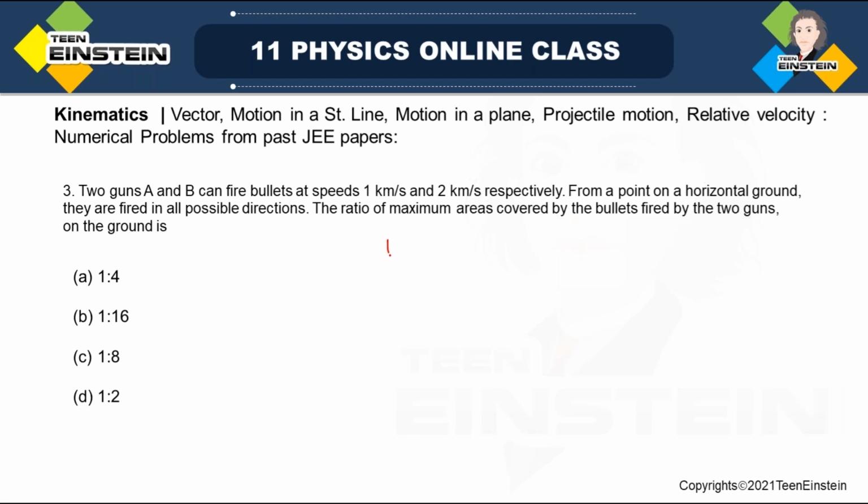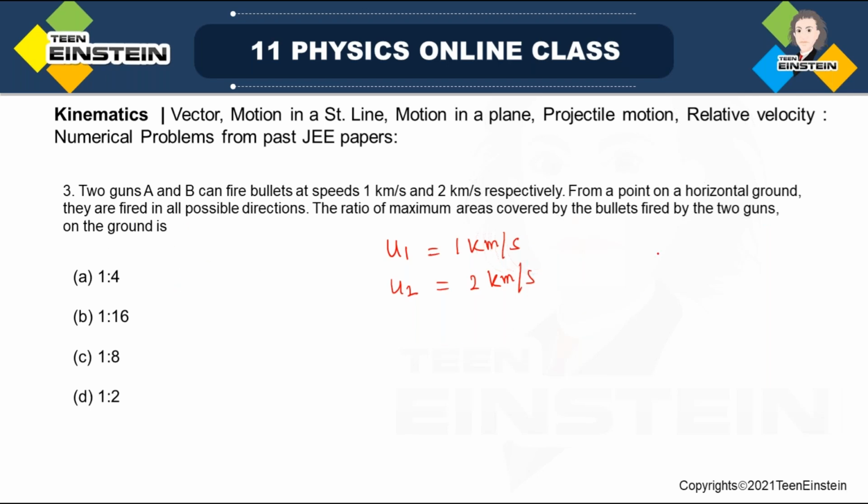Let us say one has U1 of 1 kilometer per second, and another gun can fire a bullet at the speed of this. Now from a point on the horizontal ground, they are firing in all possible directions. Now the ratio of the maximum area covered by the bullets fired by the two guns on the ground is what?